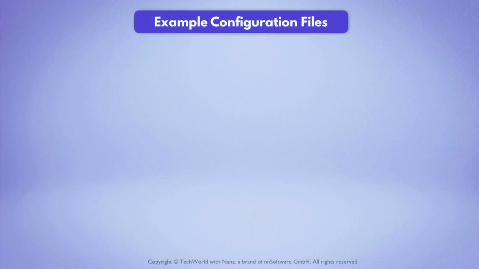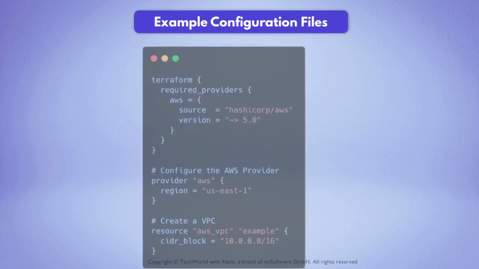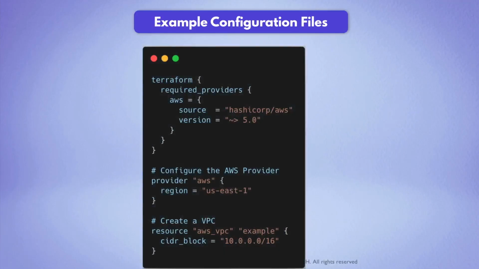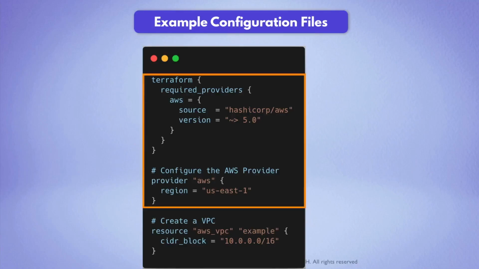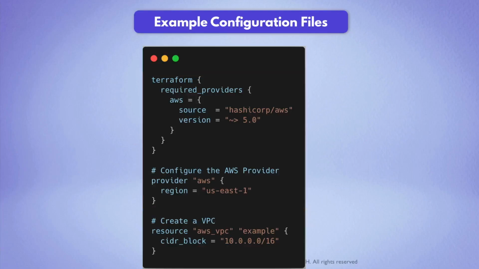So now, to also have an idea of how Terraform configuration file looks like, this is an example where you see AWS provider is configured, and through that provider, you now have access to AWS resource like VPC. You can create that with some attributes.